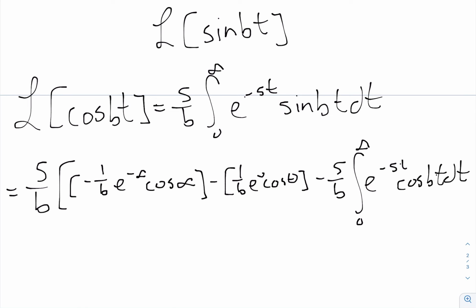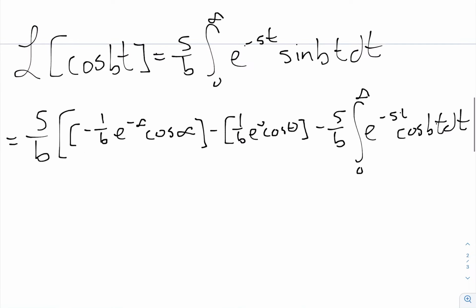Notice how this turns back into cos. It's going to keep flipping back and forth because when we integrate or differentiate cosine, it flips between sine and cosine. The only difference is a negative there. So this part right here is going to be 0.